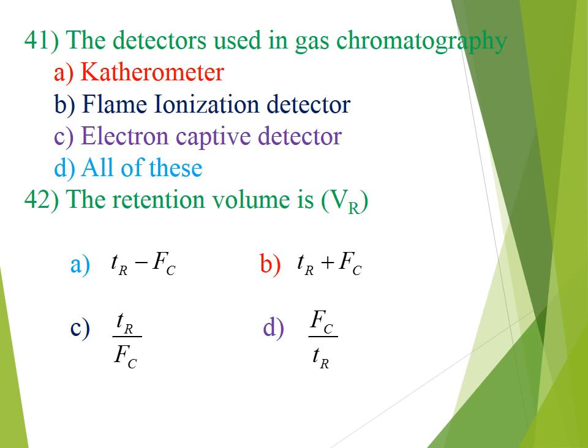In gas chromatography, options A, B and C are used as detectors. Therefore, the correct option is D, all of these. 42. The retention volume is VR equal to TR minus FC. Option A is correct.